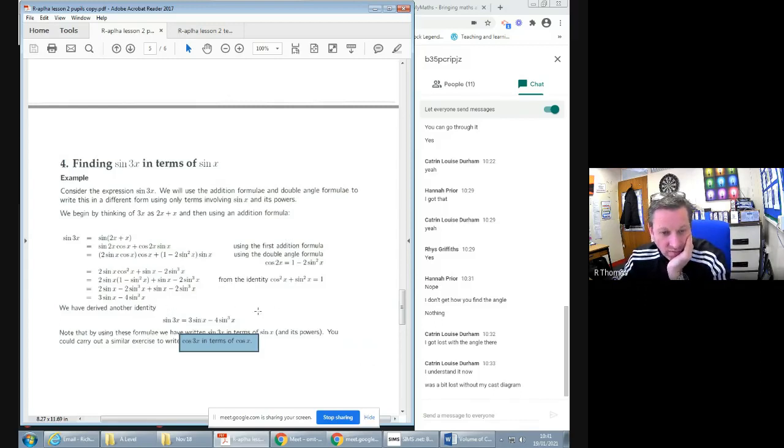It might be in a slightly different order. But of course, you're going to use the cos A plus B, and you're going to use a different double angle formulae substitution. So I invite you to have a go at that for homework. I will post the solution up in a day or two when people have had a chance to watch the video of the lesson back.